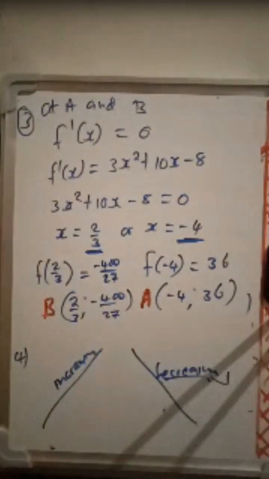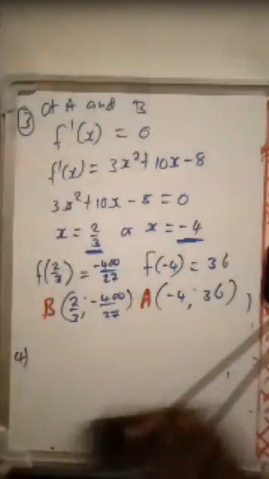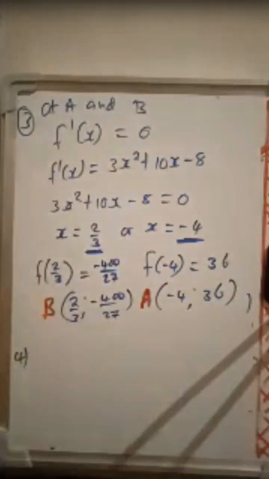Okay, so the question is asking for which values of x the function is decreasing. Let's check. Where is it decreasing? From which alphabetical letter to which alphabetical letter?